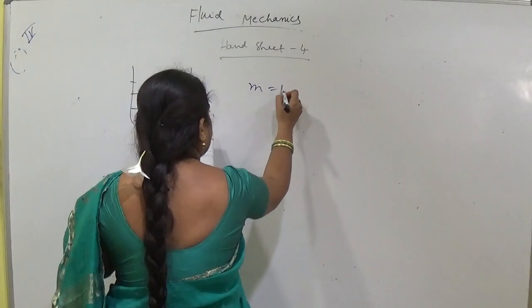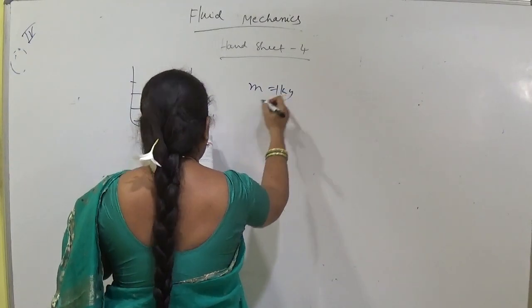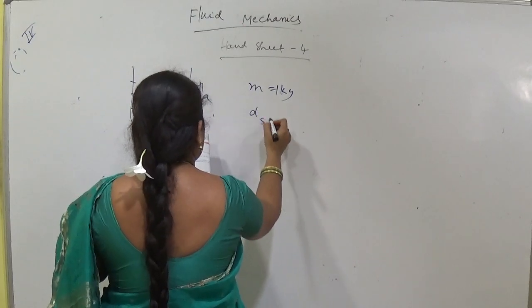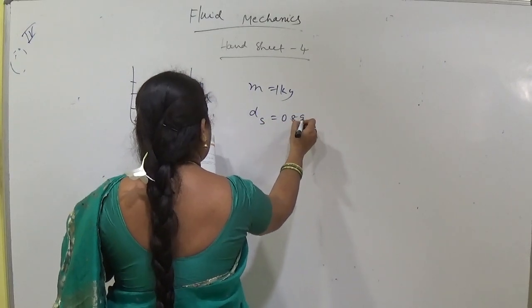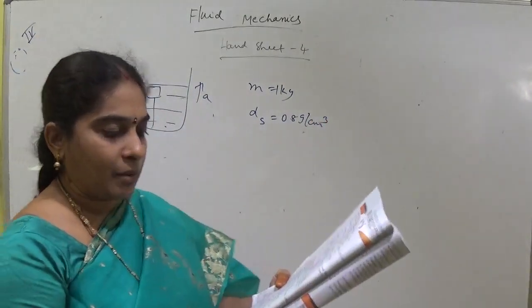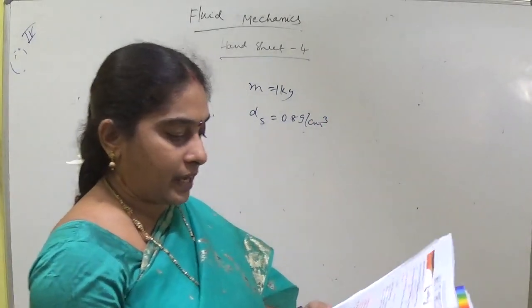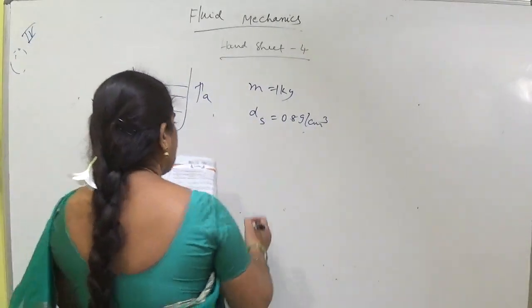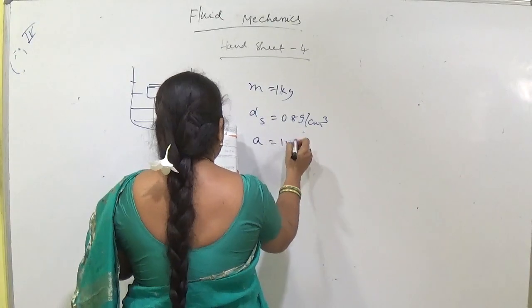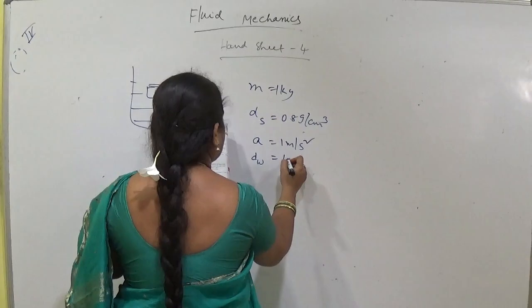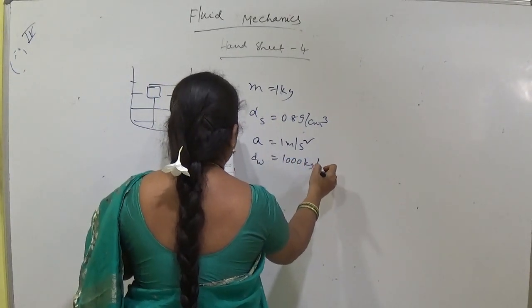Mass M is equal to 1 kg. Density of substance is equal to 0.8 gram per centimeter cube. The tank is accelerating vertically upwards. A is equal to 1 meter per second square. Density of water is equal to 1000 kg per meter cube.